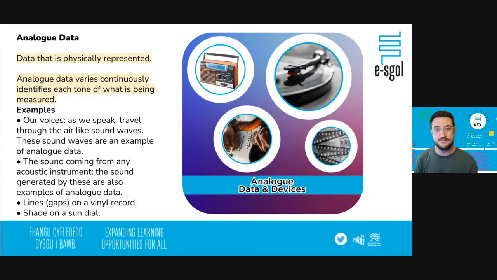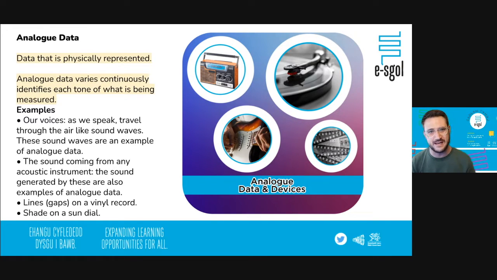A really good example, and an example that WJEC really like, is the grooves on a vinyl record, so on an LP. Now, actually, in the knowledge organizer, which I've used for the text on the screen right now, you can see there the last bullet point. They're actually using the word lines on a vinyl record, or gaps on a vinyl record.